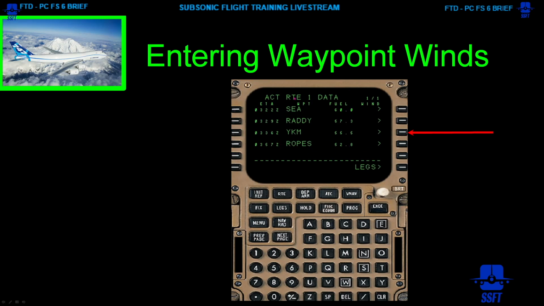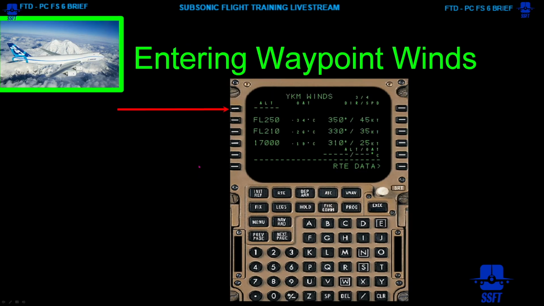But on this route data page, you can also get to the waypoint wind page, and each waypoint will have a waypoint wind page. Again, it's telling you if you want that page, select the caret. So we're going to put in winds for Yakima, and again, that's on the flight plan. We could push the caret here, which will give us the waypoint wind page for Yakima.